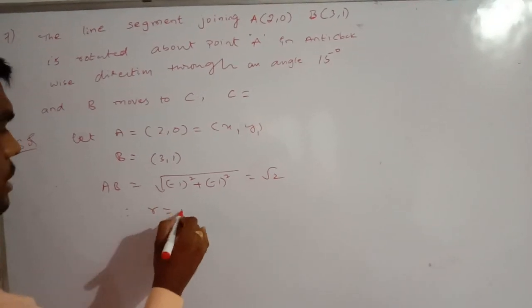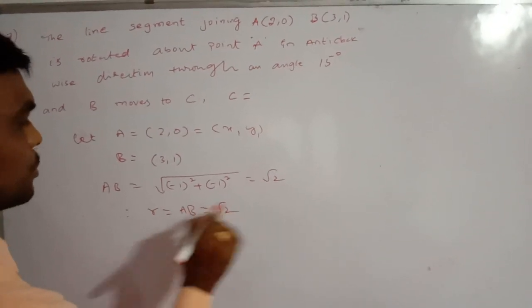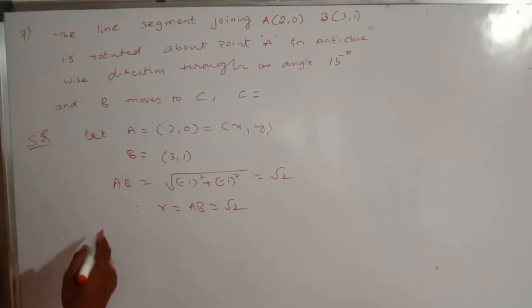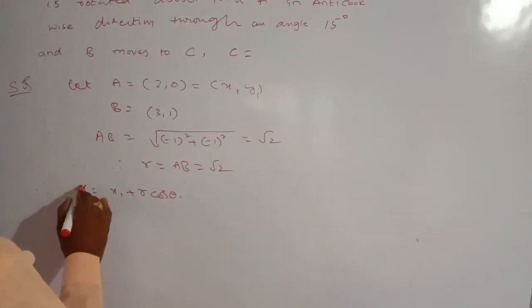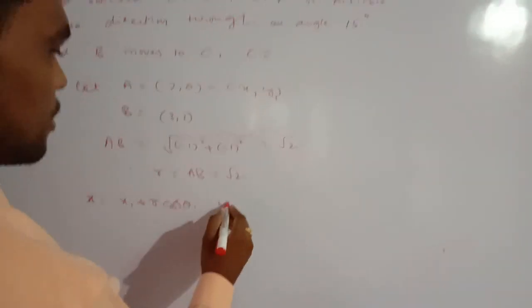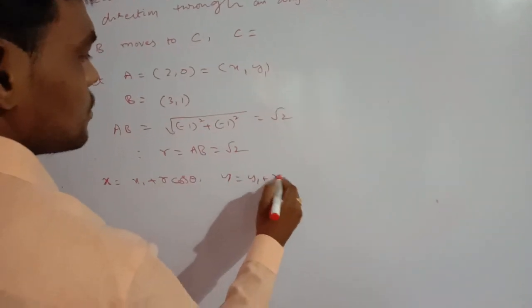Now r is equal to AB, which is root 2. X is equal to x1 plus r cos theta, and y is equal to y1 plus r sin theta.